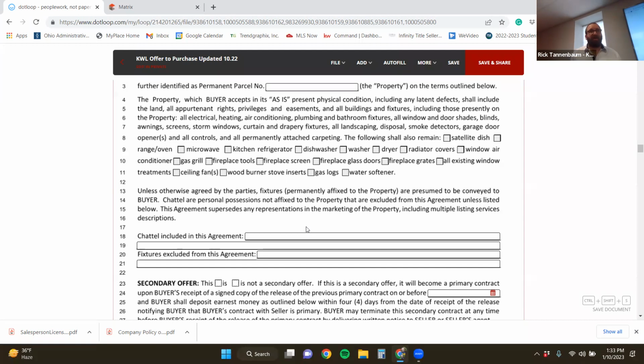That Culligan or whoever's doing that water softener may expect that it's going to be paid off. So if you're not taking that lease, then the seller needs to understand that could be an added expense to them to pay Culligan or whatever it costs to terminate that lease early.